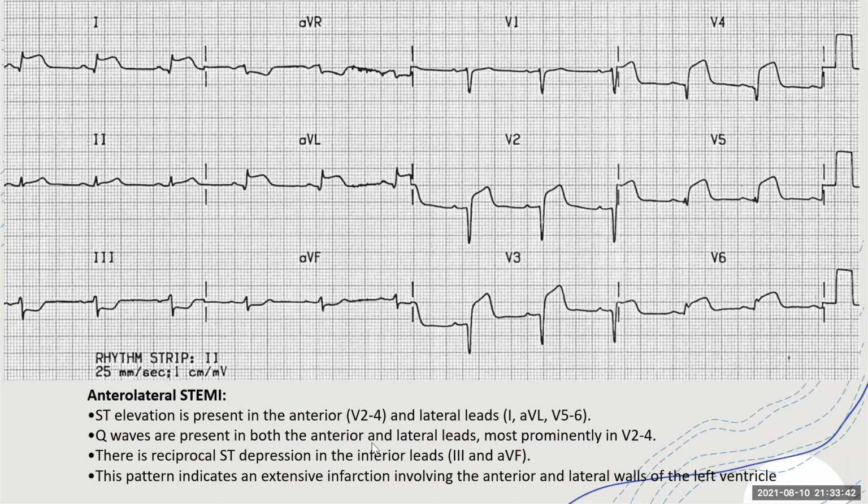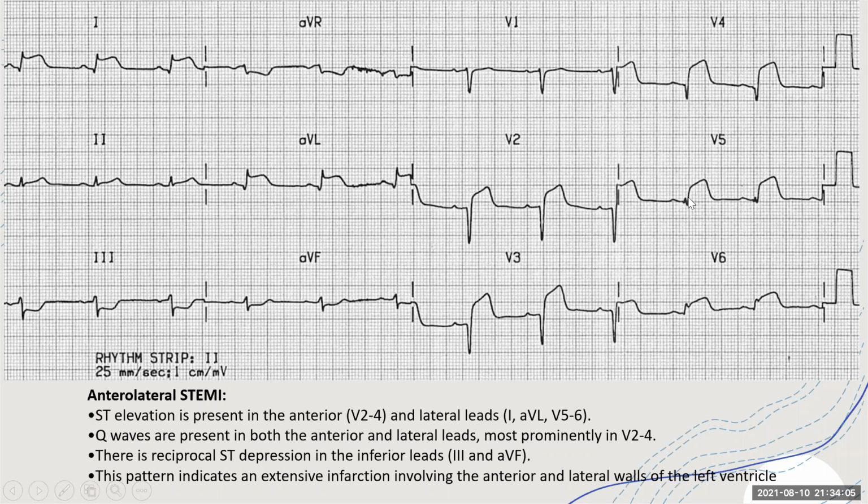Whenever there is an anterolateral ST elevation MI, we can see some reciprocal changes in 3 and AVF. Reciprocal changes means that you are going to see ST depression in these leads. Now see, this is a clear depression here. It should be above the line, but it's below the line. Here in V5 and V6, ST elevation is clear.